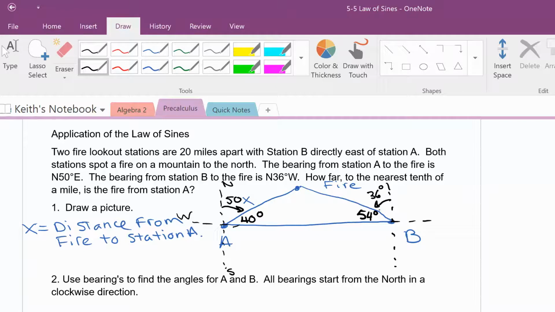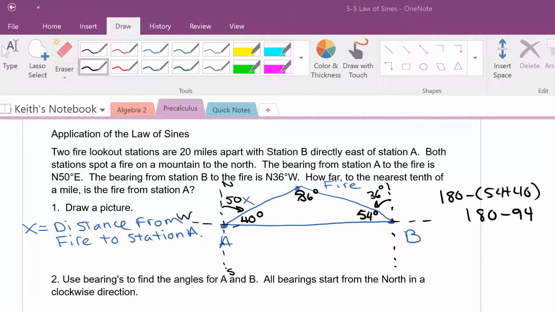Then that means that this angle up here at the top, if you go 180 minus 54 plus 40, at the top, that angle is 86 degrees.